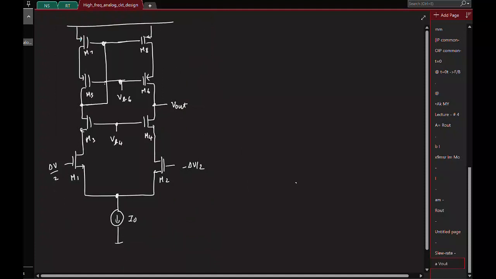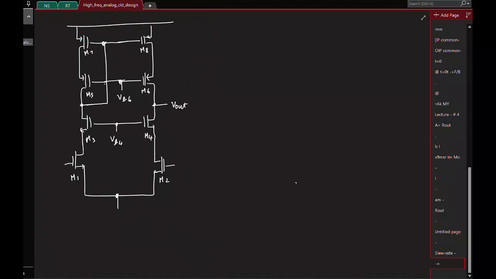Now let's say we are trying to find the common mode range. I'll replace the current source by a transistor. So this is now VI. We are applying the same DC here. So what is the minimum voltage we can apply at the input?